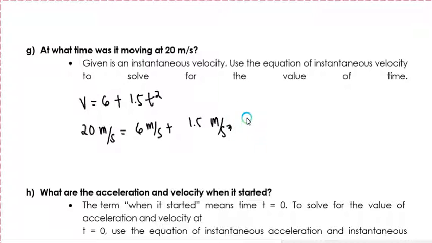Then, to get the value of t, you can just substitute the value directly. If you did not put units, that's okay. So to simplify this, this will be equal to 20 is equal to 6 plus 1.5 t squared.